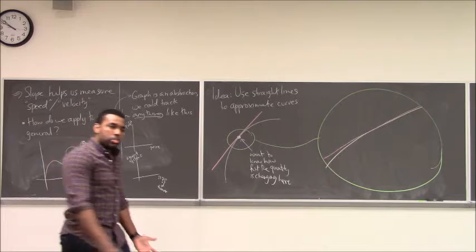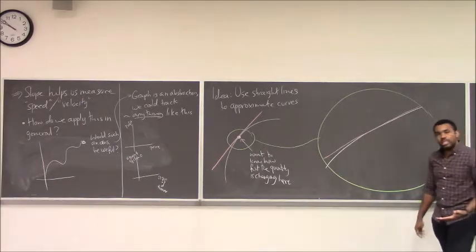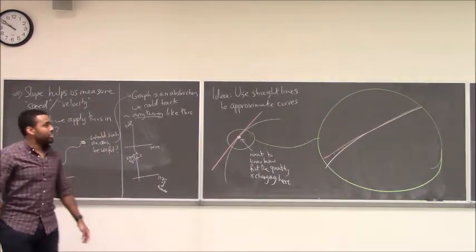I know how to measure speed if a function is a straight line. Just find the slope. What if it's a curve? Zoom in so that it looks like a straight line. That was the idea.